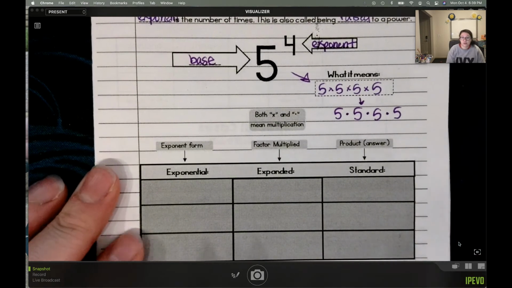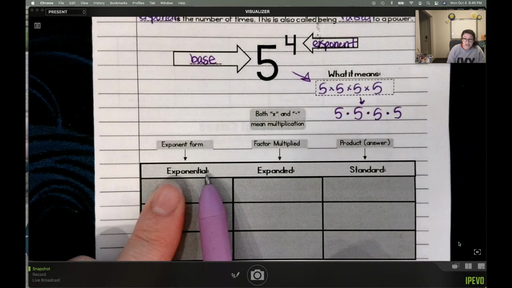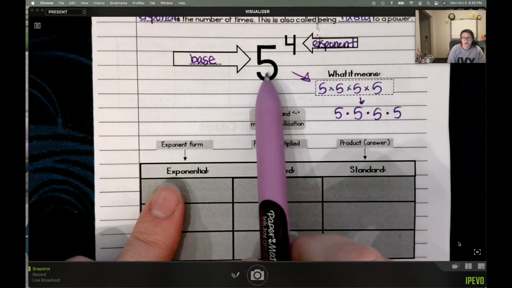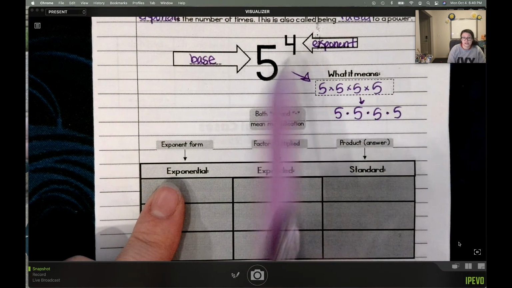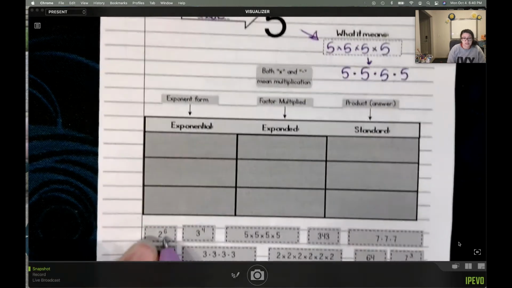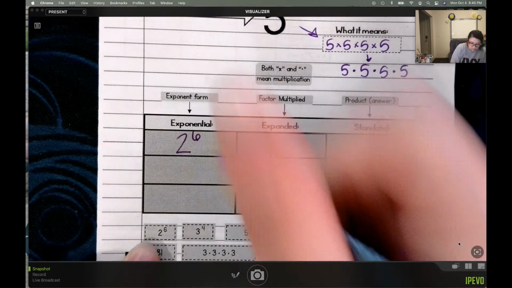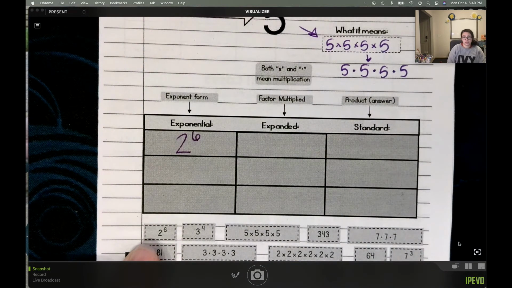There are 3 different forms that you could see this in, and it's important that you know this. It's going to be on your quizzes in a little bit. The exponential form is where I have my base raised to some exponent. Down here, one of the examples is 2 to the 6th power. That's exponential form, 2 with an exponent of 6.